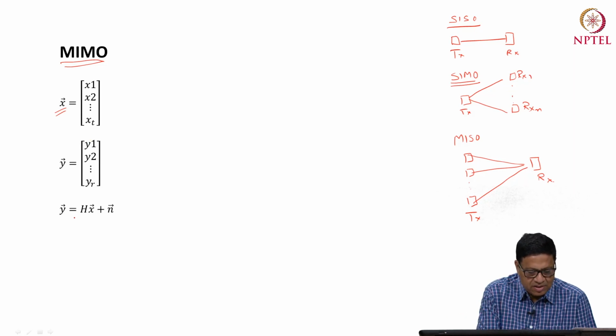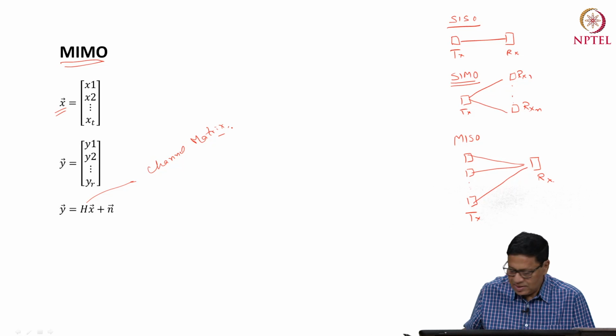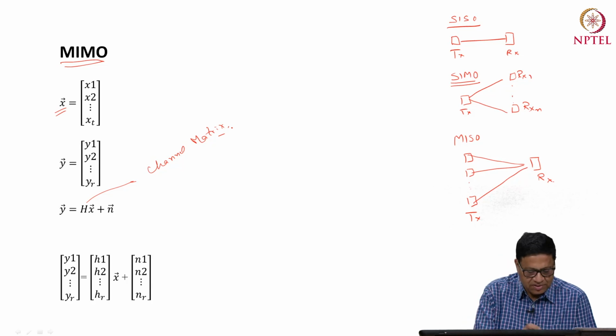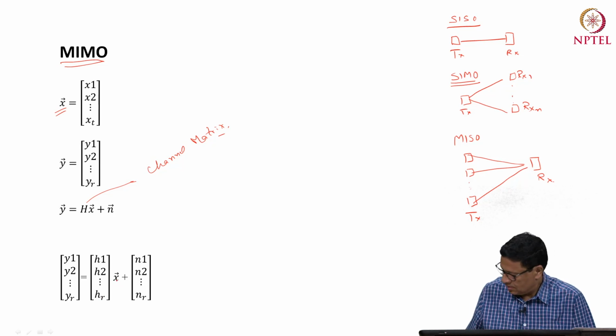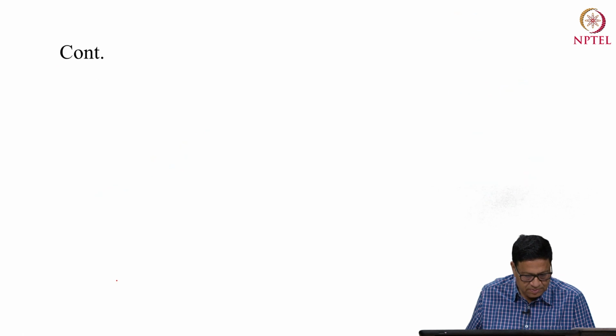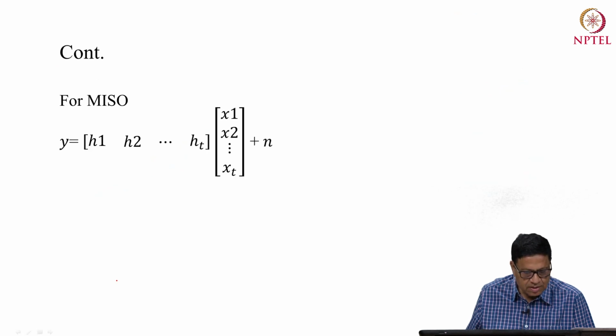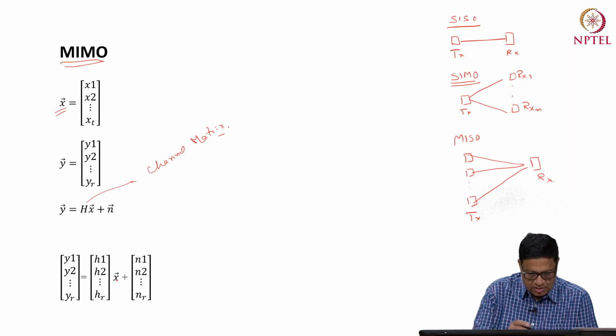And Y is equal to H, which is a channel matrix, given by Hx plus N. So this will be Y1 to YR, H1 to HR into X. So this will be actually a matrix here in case of MIMO.